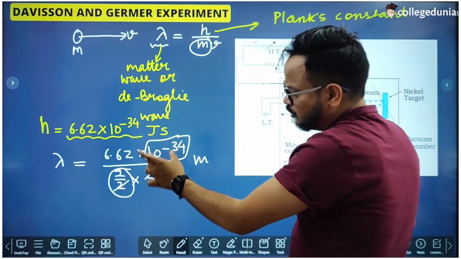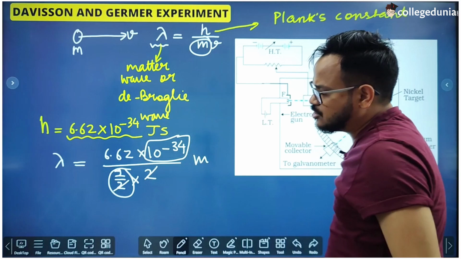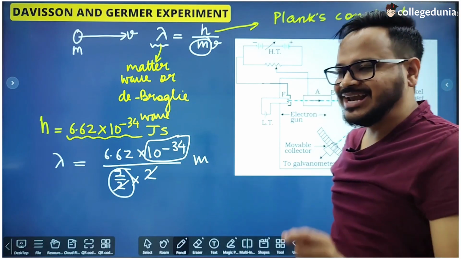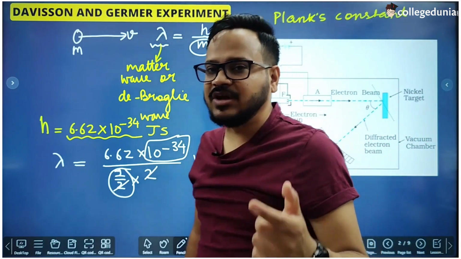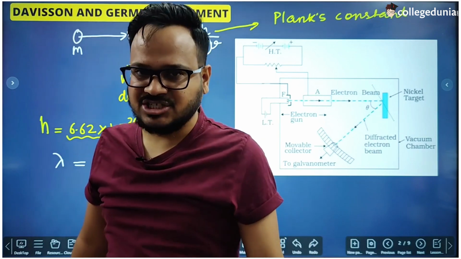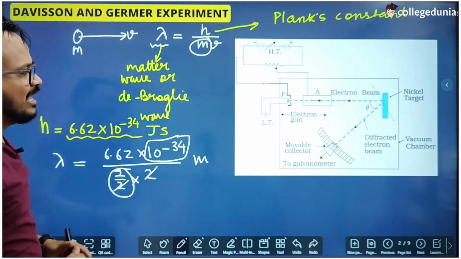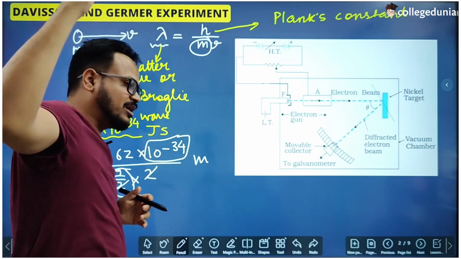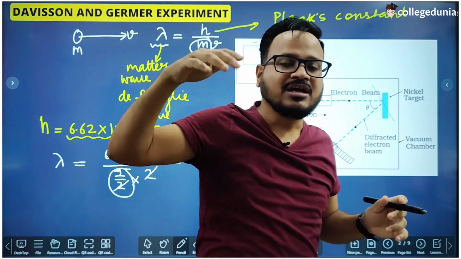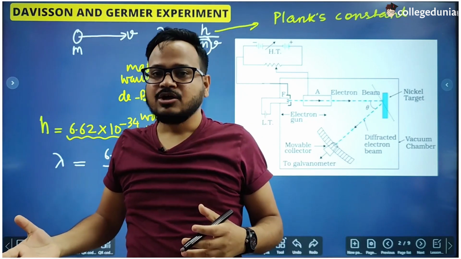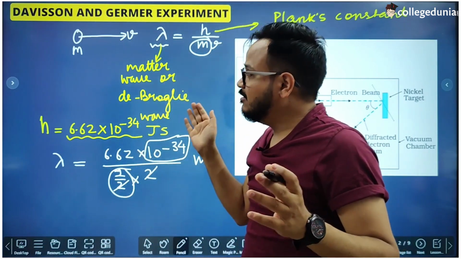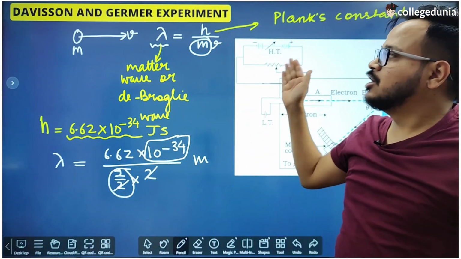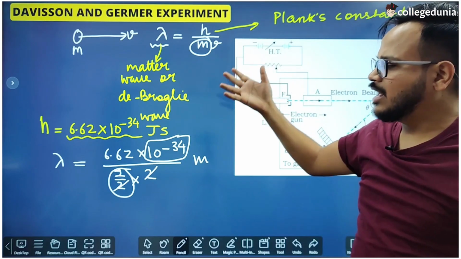So that minus 31 will cancel 10 raised to power minus 34 and the value of wavelength will be significant enough so that we can measure it, right? So de Broglie gave this law, this hypothesis. A hypothesis is something that has not been proven.